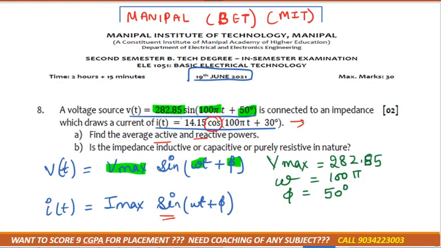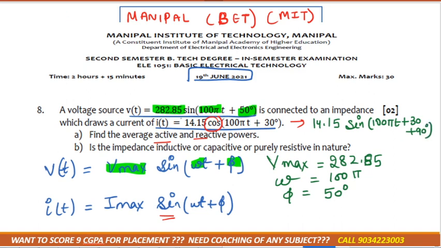So if I do it for this equation, then the equation will become, for the current 14.15, cos will be converted into the sine by adding 90 degree to it. So that would be sine of 100 pi t plus 30 plus 90 degree.